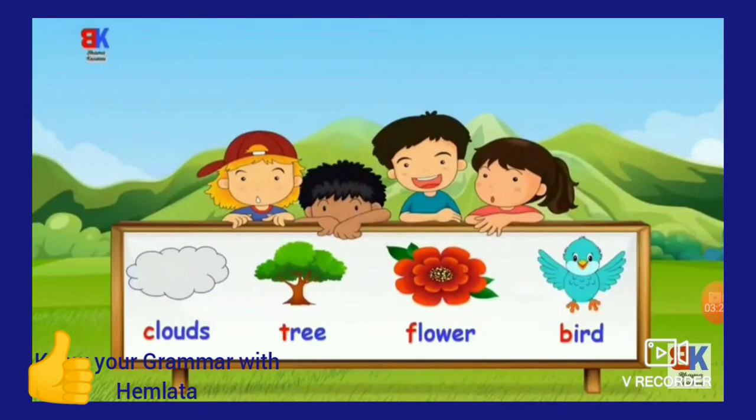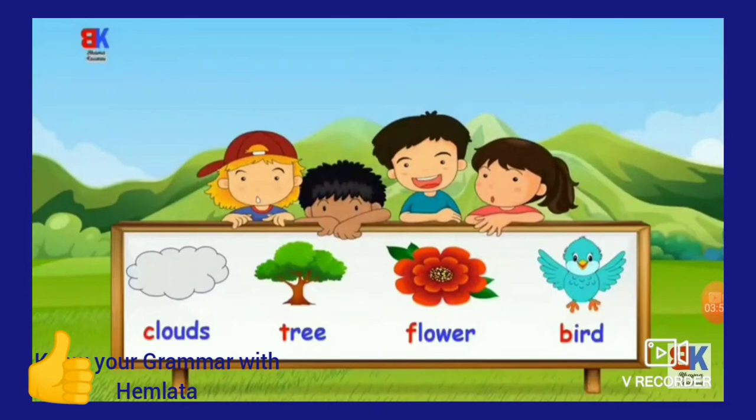Here are some objects given for you: cloud, tree, flower, bird. Okay. So then we look at the first letter, like C, because C comes first, then T. After C, tree, because T comes after C. Next letter is F, that means flower.